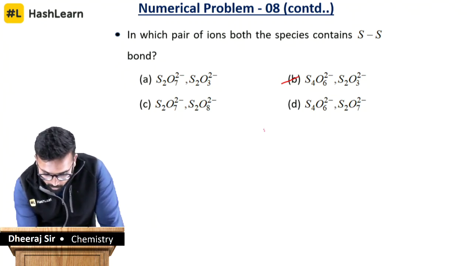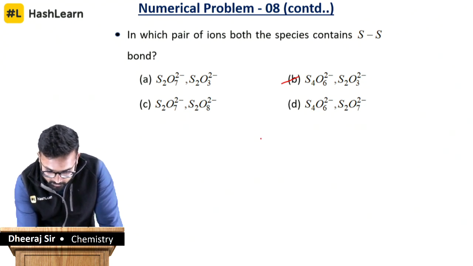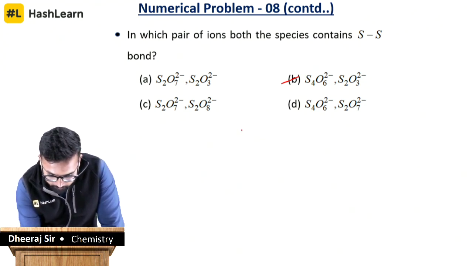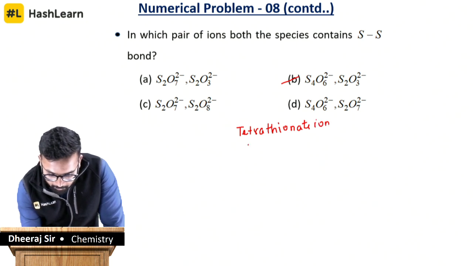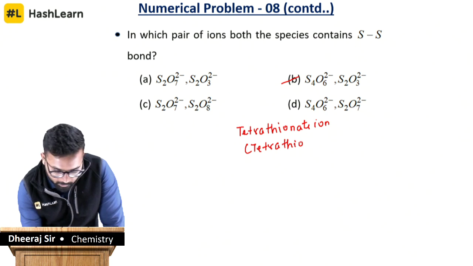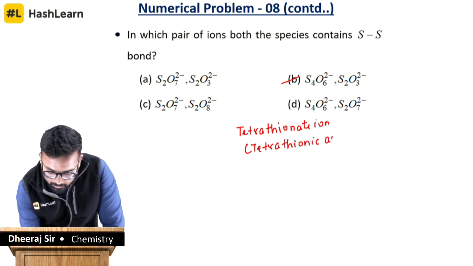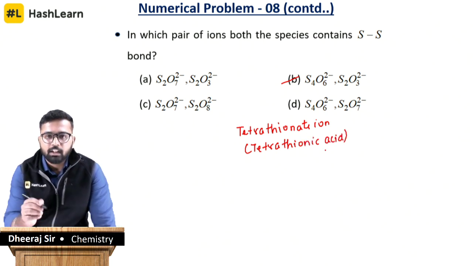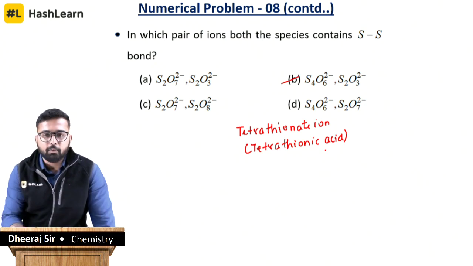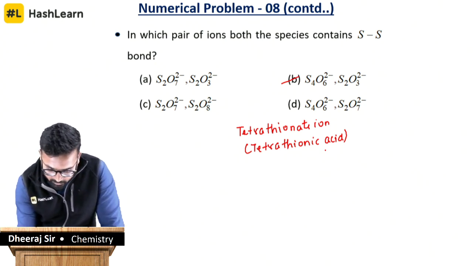So I'll draw S4O6 2 minus first. The name of that ion is tetrathionate ion. It comes from tetrathionic acid. After I remove the 2H plus that the acid has to provide, then I get this anion. So the structure is like this.